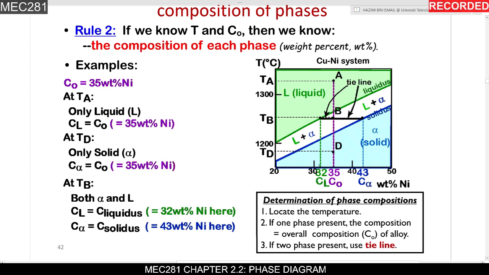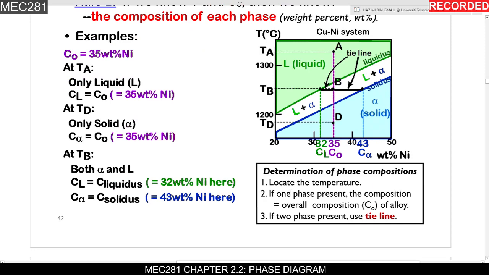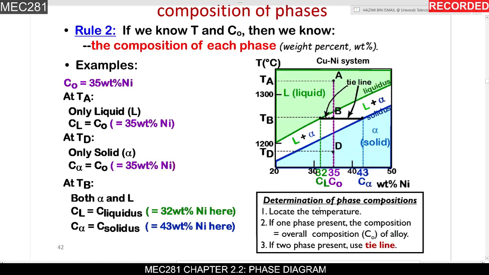If we put it as 32%, it must be in the liquid phase. And for C alpha here, the limit is around 43%. So this is the rule for determination of phase composition.